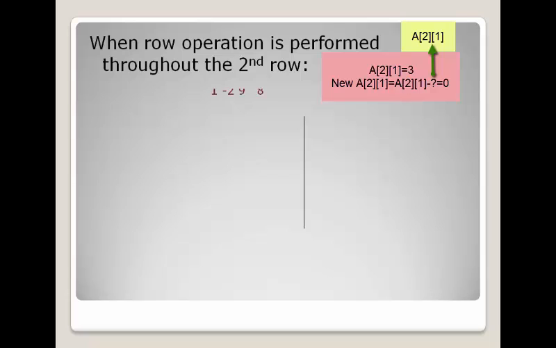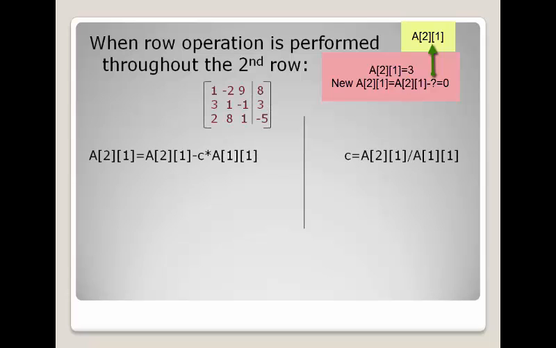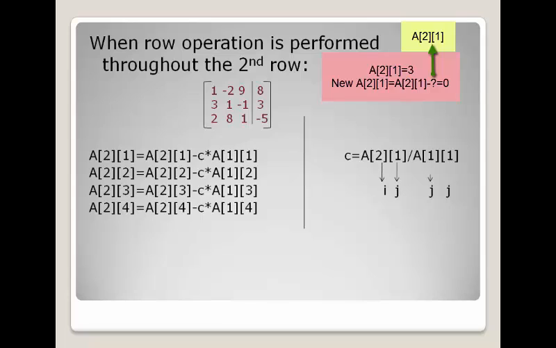How can we do that? Just see this. With the help of a variable c, that is possible. If we take a variable c such that c is equal to a of 2, 1 divided by a of 1, 1. What is a of 1, 1? A of 1, 1 is the element just above 3.